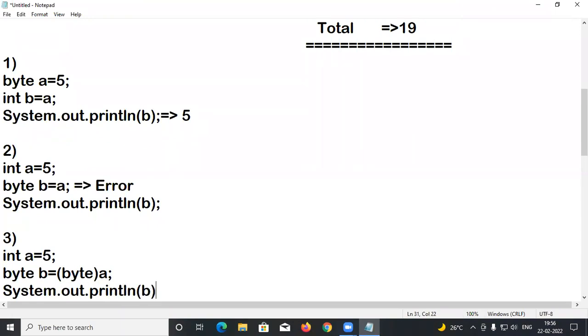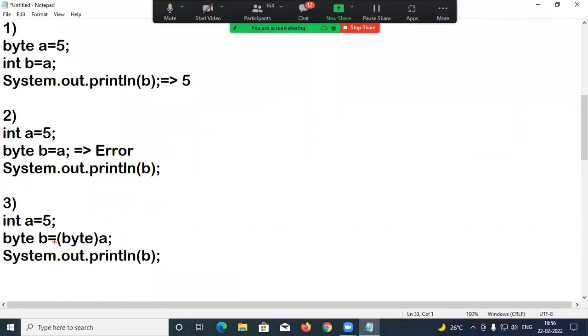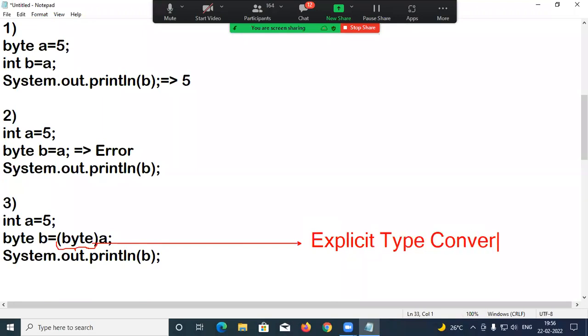If you write like this, it is called explicit type conversion. What I am doing is converting A's value into byte type myself. Myself I am converting.